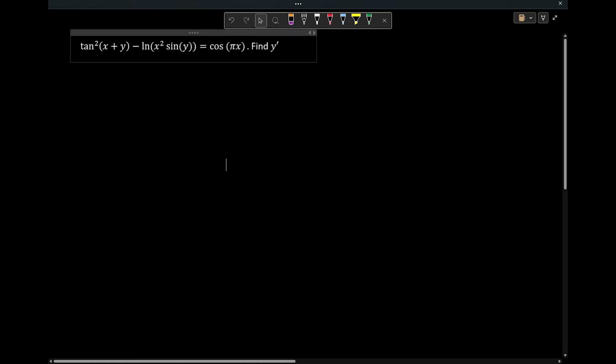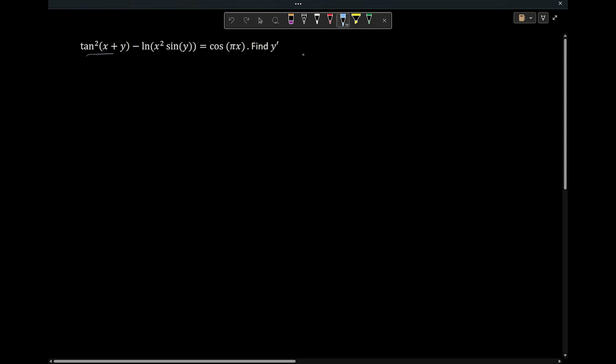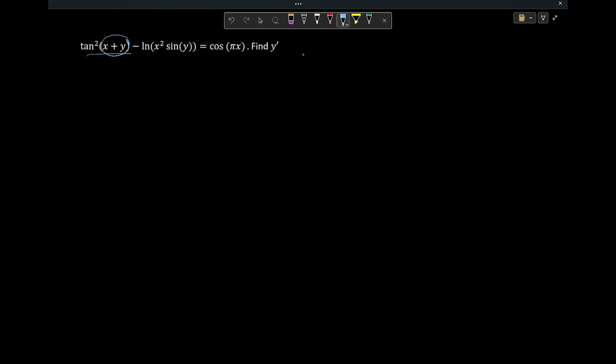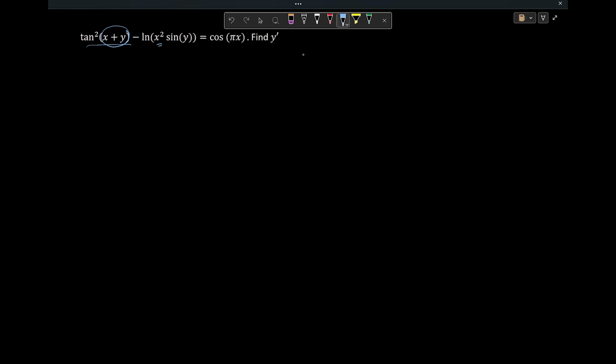We have a couple more. Let's go ahead and work out some more complicated ones. So again, here I have tangent of a function, the tangent squared of a function of x, and the ln of two things multiplied, then the cosine. So first, let's simplify a little bit.